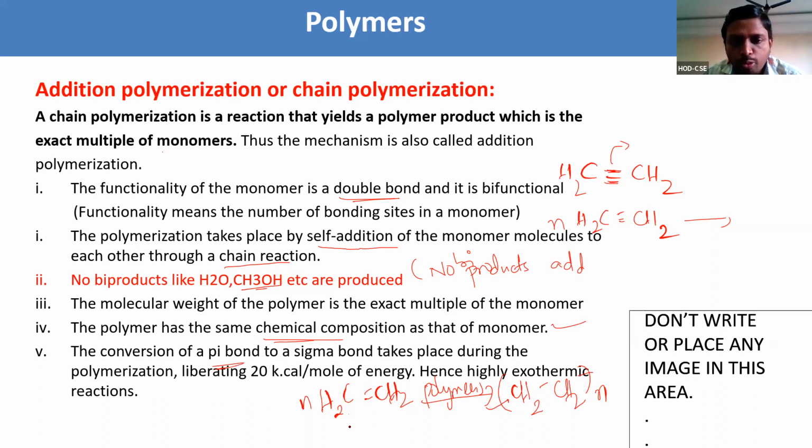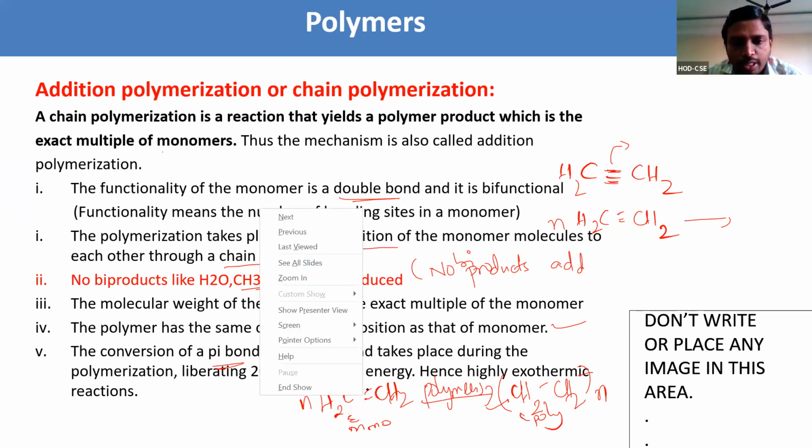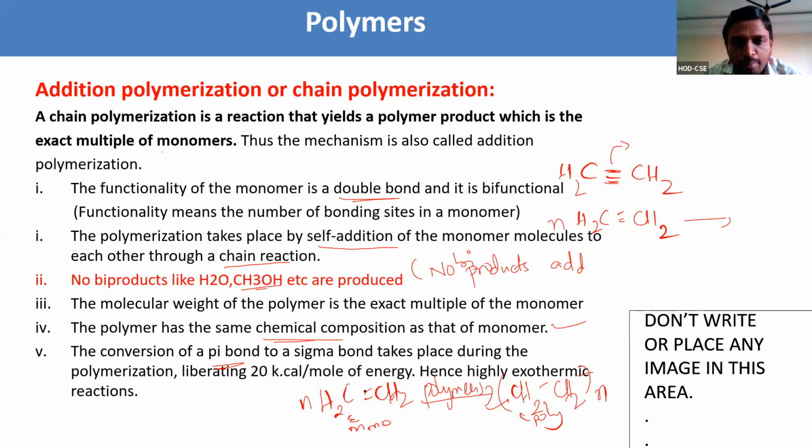Ethylene is the monomer and polyethylene is the polymer. The pi bond present in CH2=CH2 is converted into a sigma bond in the polymer.